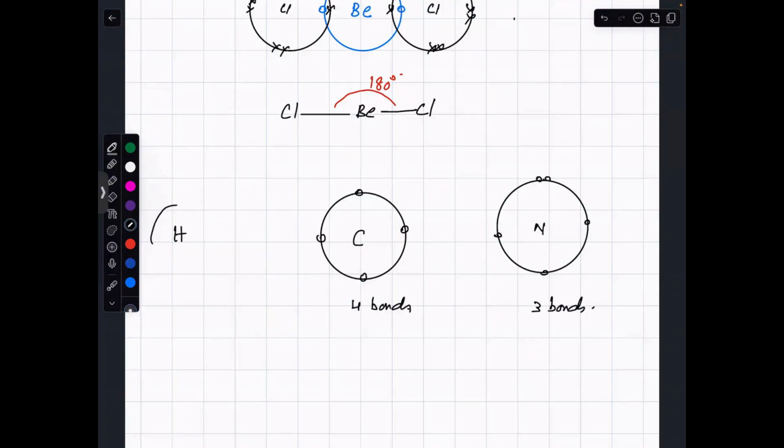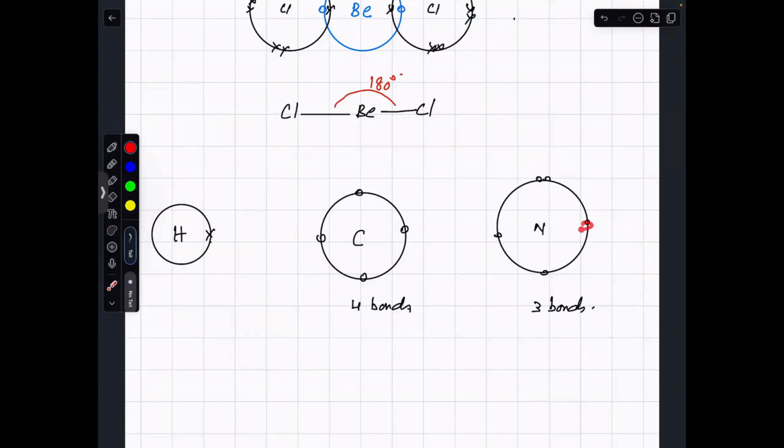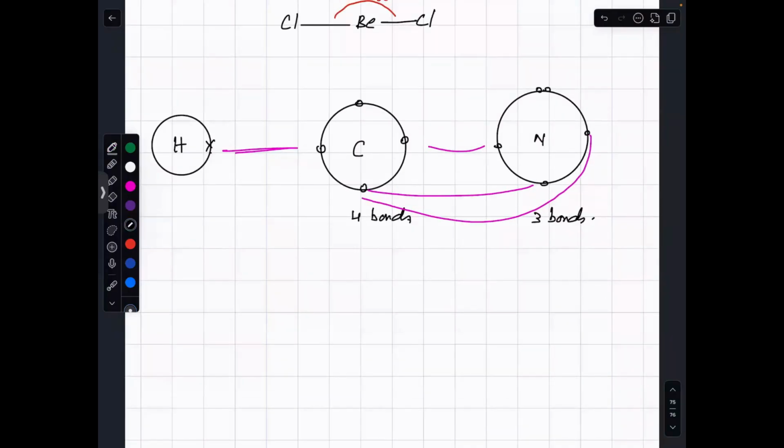And hydrogen needs how many electrons? Only 1. So how are they going to make bonds? It needs three bonds, 1 bond, and there are 4 bonds. So what will it do? Is it possible that they make 3 bonds and 1 bond with this? Yes, of course.